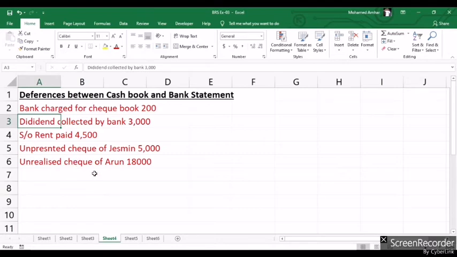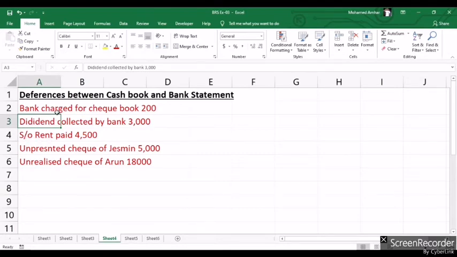If there is anything wrong in our cash book, we have to correct it first. So from these 5 reasons, we have to find out what are the reasons that should be corrected in our cash book.